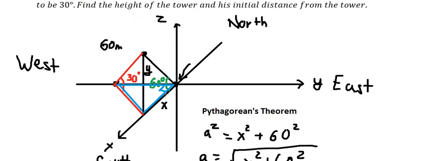On the next one, I will highlight the purple. If we look at this purple triangle here, we see that this is a right triangle. In this one we have x and y, and we have 60 degrees.